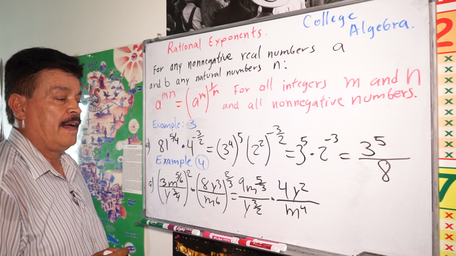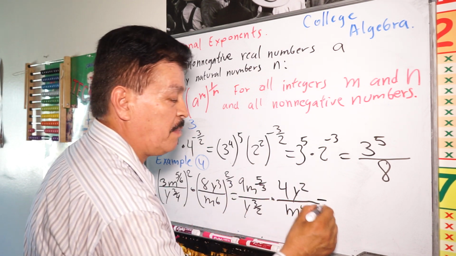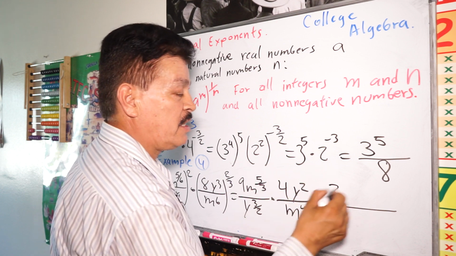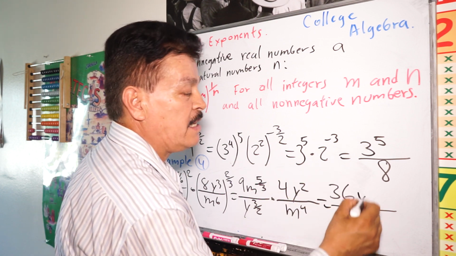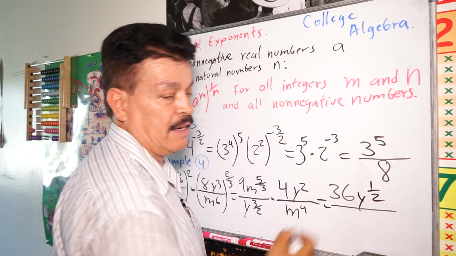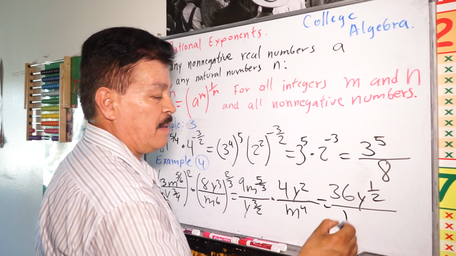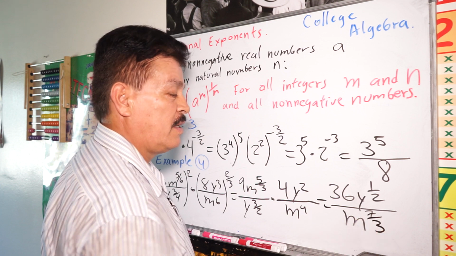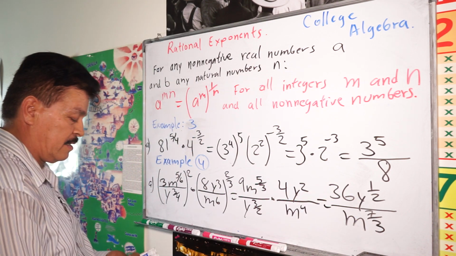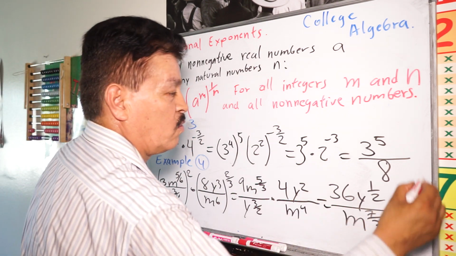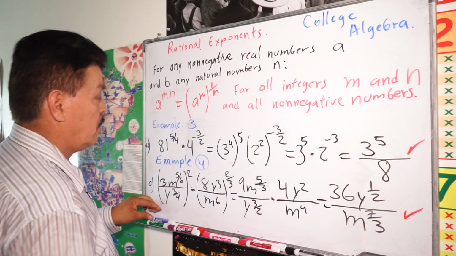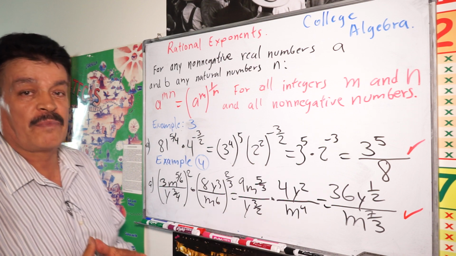Okay, now if you simplify this, the answer is going to be 36 y to the 1/2 power divided by m to the 7/3. So this is our answer. This is our conclusion. This is the way to work with rational exponents.